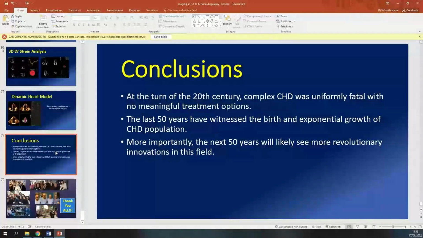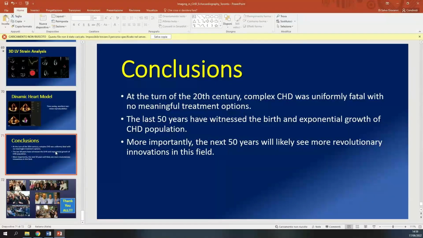The adult patient with congenital heart disease may be very tough to assess because of previous surgeries and chest deformities, so it's difficult to get a nice window. If you don't have a nice window, I will not use advanced software, because in my opinion you will add noise rather than information.